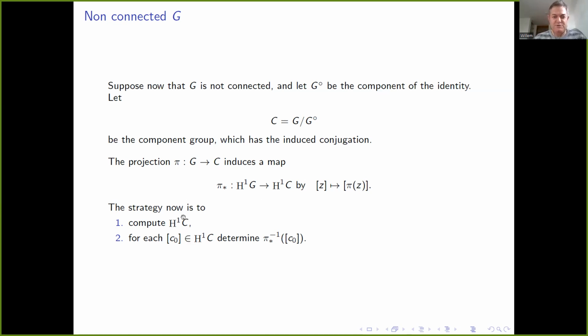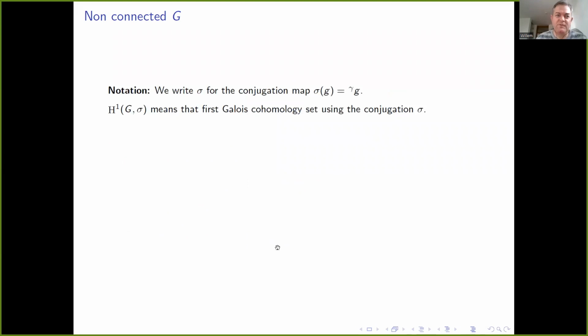So you compute the H1 of C, and then for every element of H1 of C, you determine its inverse image. And then, of course, you have H1 of G. But why could this strategy work here? That's because in the 60s, Borel and Serre developed a theory that makes this work.